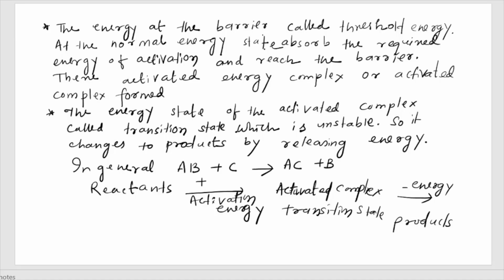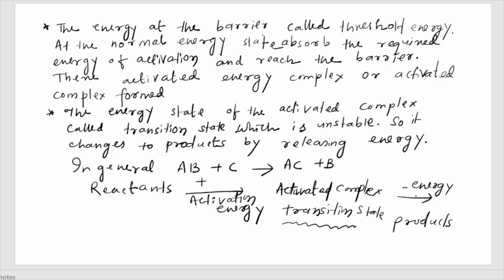When the activated complex is formed, what is required? Reactants plus activation energy give an activated complex, that is the transition state, which is unstable. Then energy is released, and it gives product.